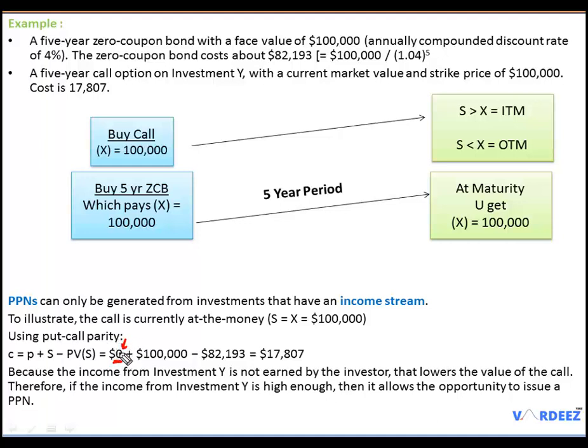So in that situation, when the put is a non-zero value, that means it's more than zero, then the investment Y should have some income so that we are compensated for this increased call option cost. Okay, so I hope that this entire PPN is clear now.